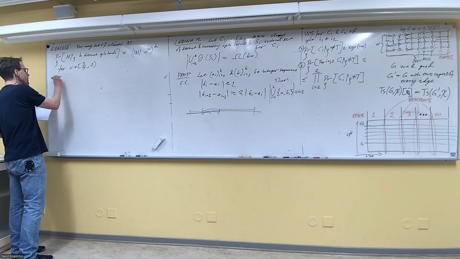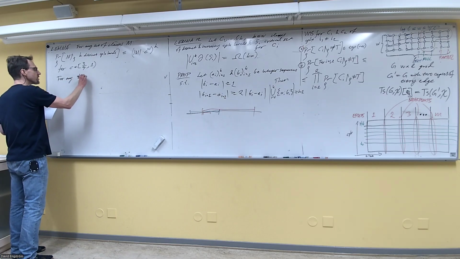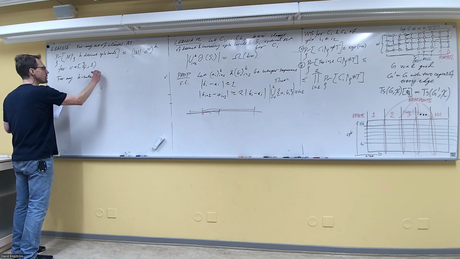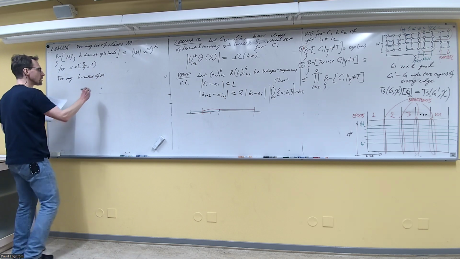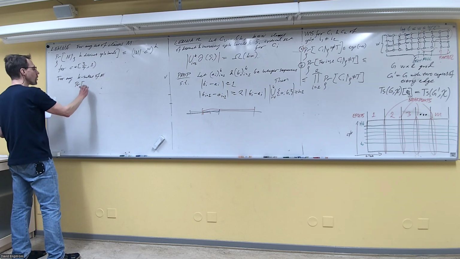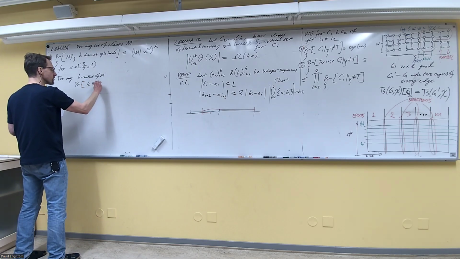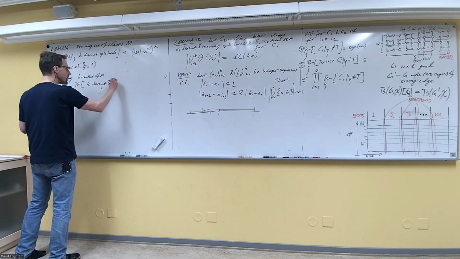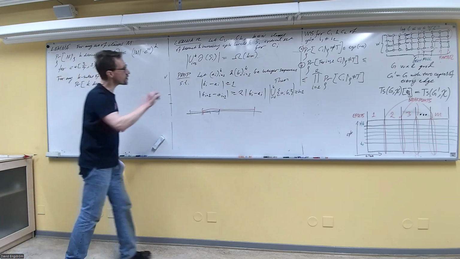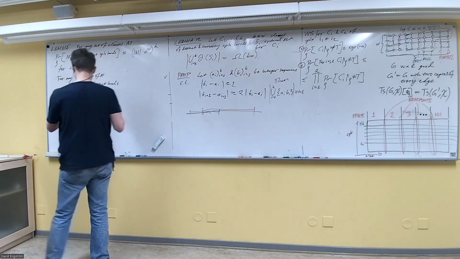So for any K subset of M, the probability that we have K distinct levels, which in particular means we have this many distinct clauses, is unlikely.